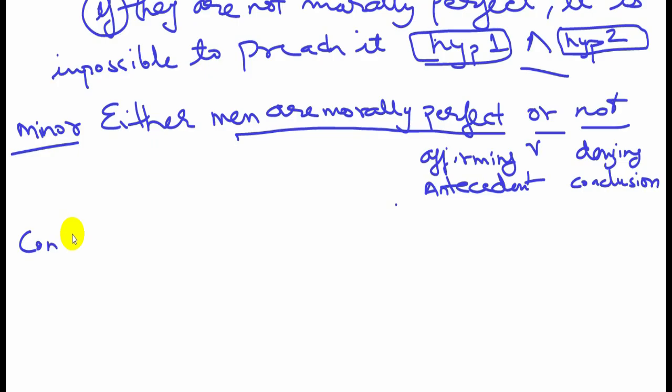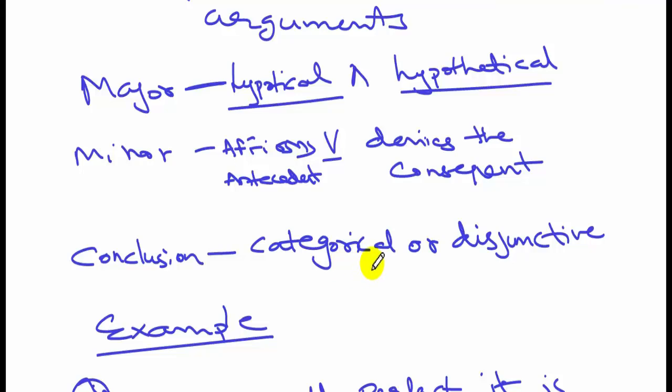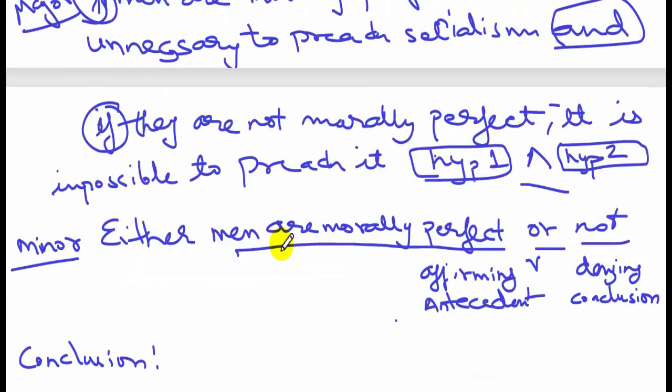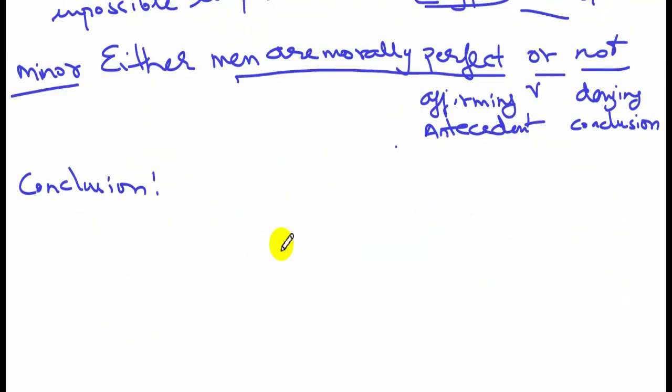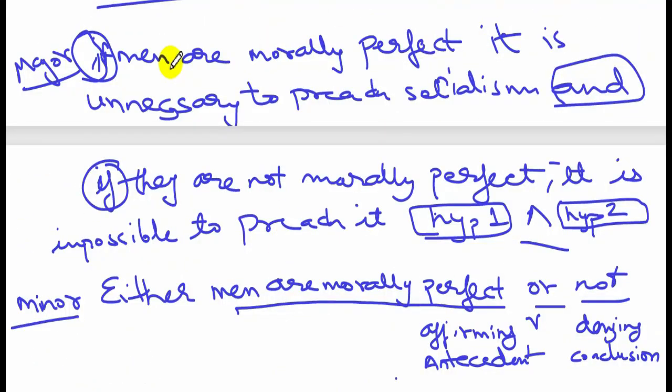Okay. Now what will be the conclusion in this case? Conclusion would be either a categorical or a disjunctive statement. So the second part we have to take: if we are saying men are morally perfect or not, then we have to say it is unnecessary to preach socialism or it is impossible to preach it.